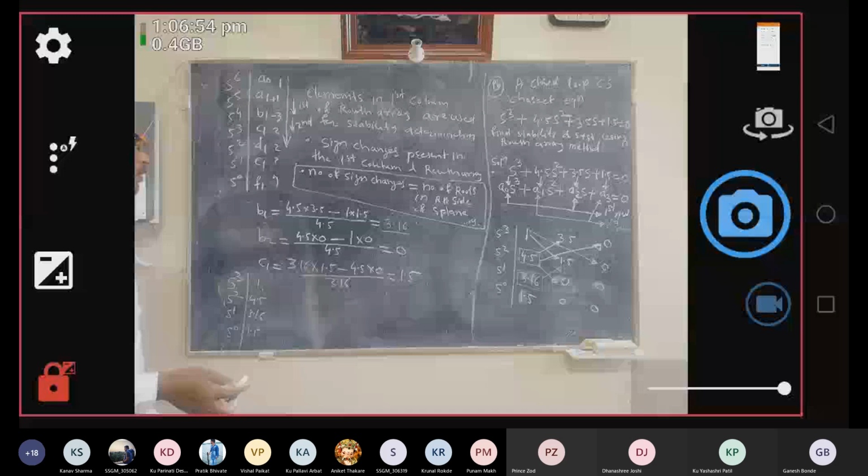So these are the values of the elements in the first column of your Routh array. Then how to find the stability? We have to observe the number of sign changes. Here this is positive, this also positive, this also positive, this also positive. Therefore, how many sign changes are there? Write down: number of sign changes in the first column of the Routh array is equal to how many?